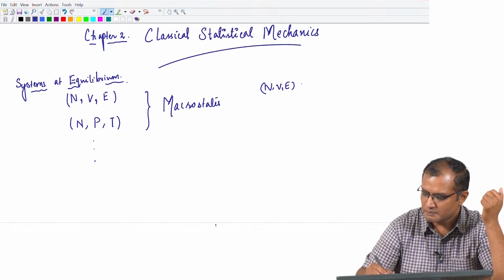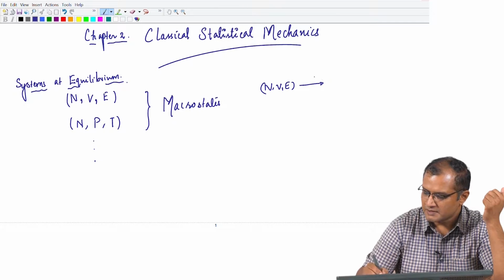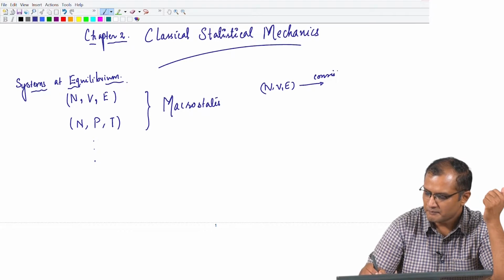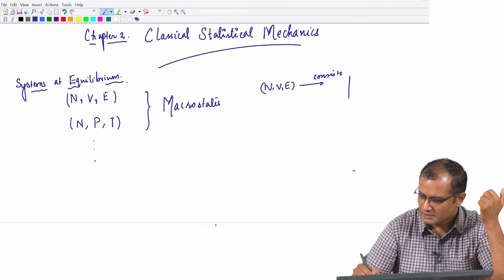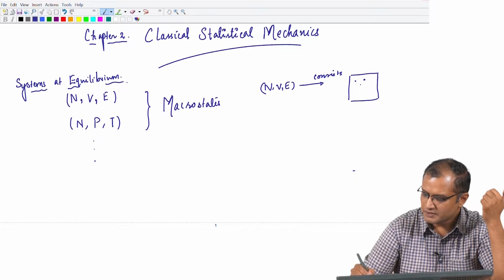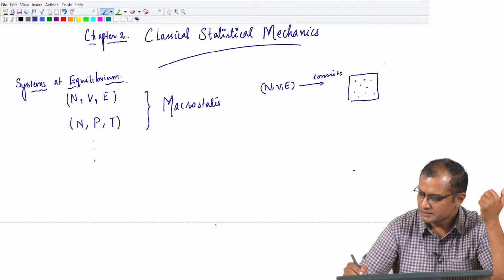You can say that this particular macro state consists of several microstates, each different from the other in terms of the location of the particles and their momenta.